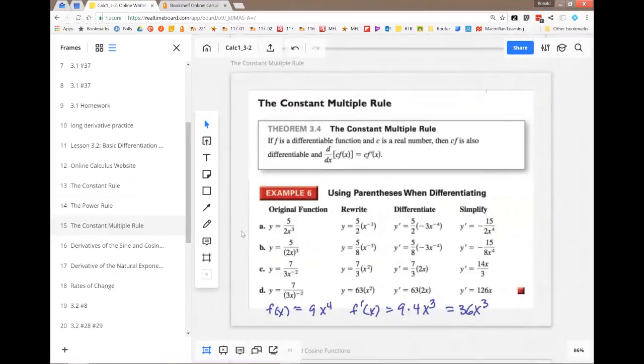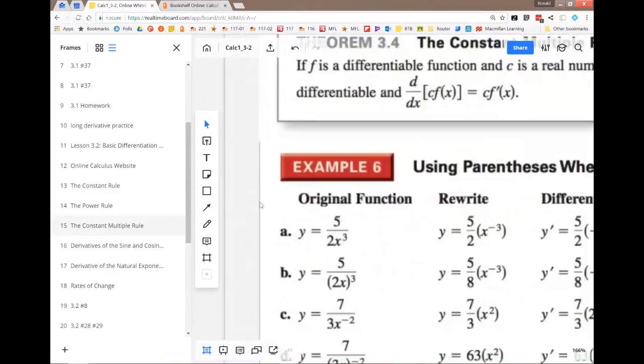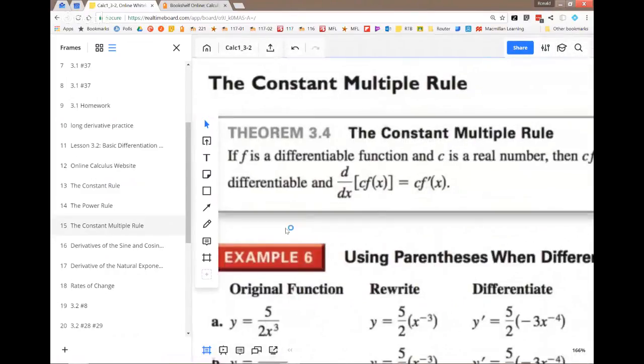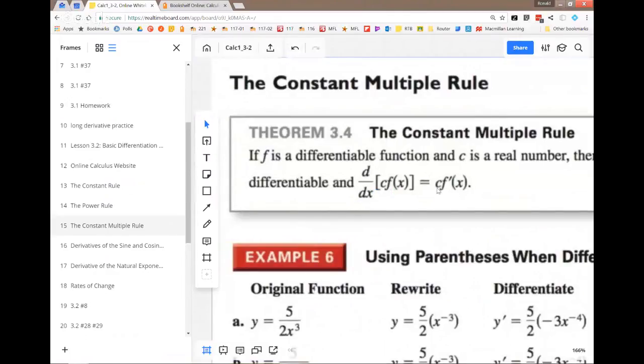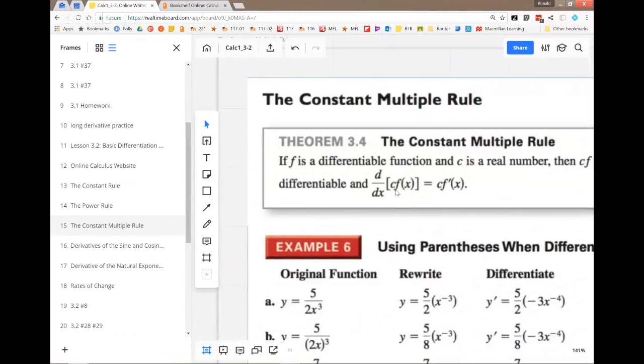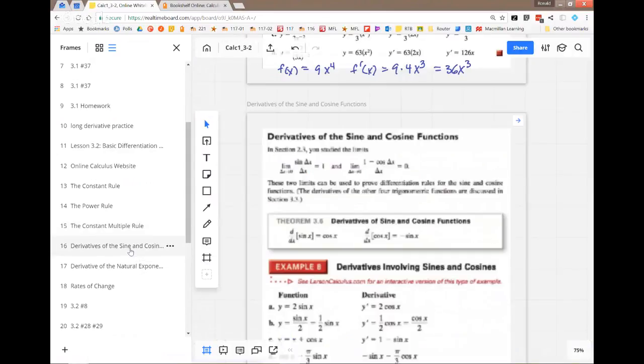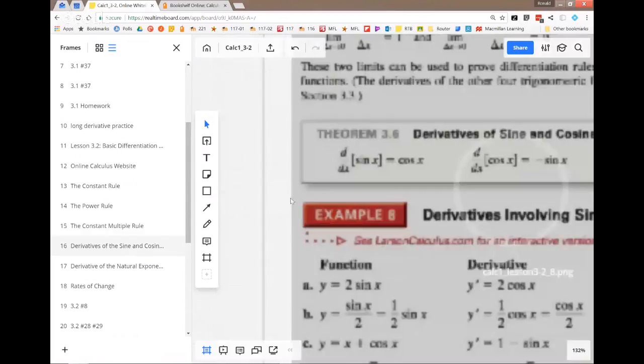The constant multiple rule says if there's a constant out in front, you can basically just ignore the constant and go ahead and do the derivative of the rest of the function. So you see here we have a constant times f of x. Just leave that constant out there and take the derivative of the rest of the thing. We also just kind of announced this.